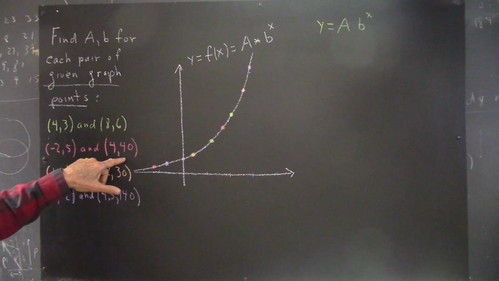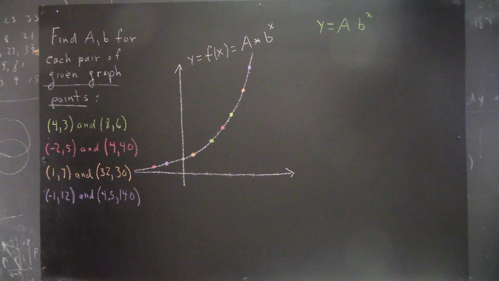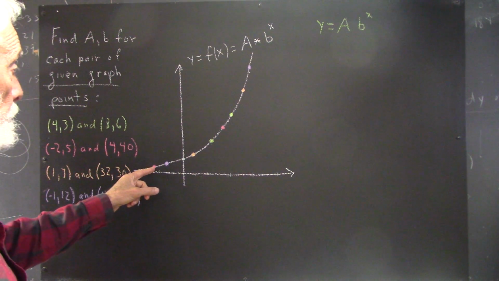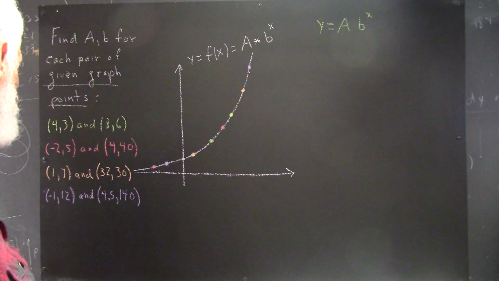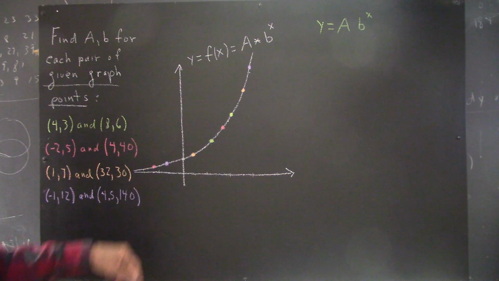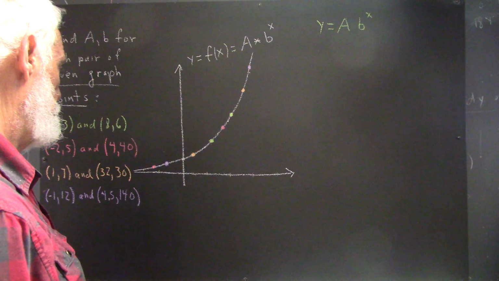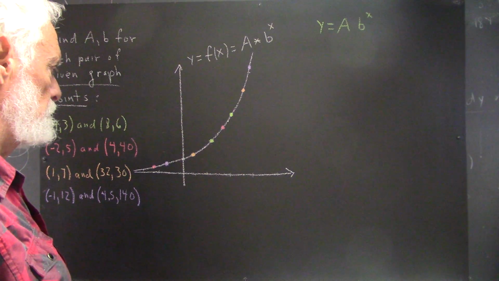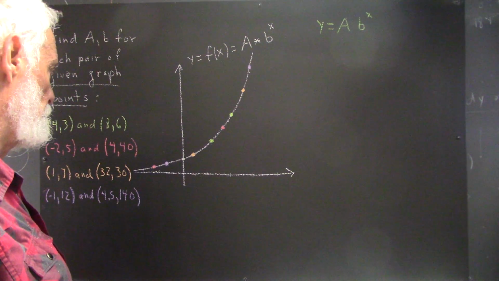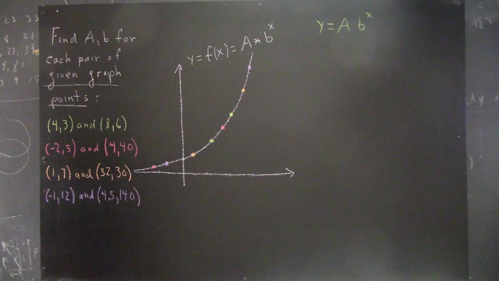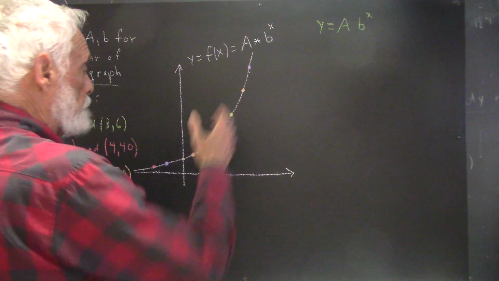(-2, 5) and (4, 40). Okay, and those are in red. Here and here. (1, 7) and (32, 30). (1, 7) here, (32, 30) here. And that can't possibly be 32. I have to change that number. It's obviously not 32. This is 1. That's not 32.